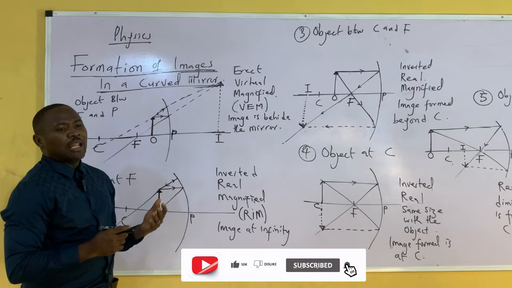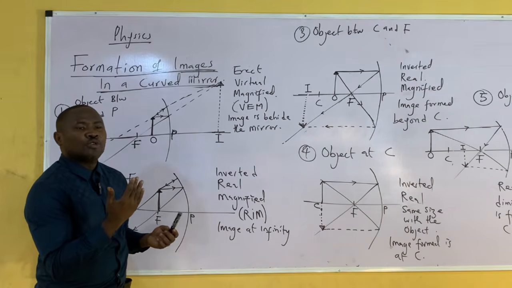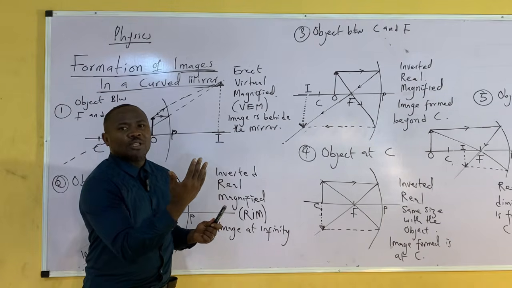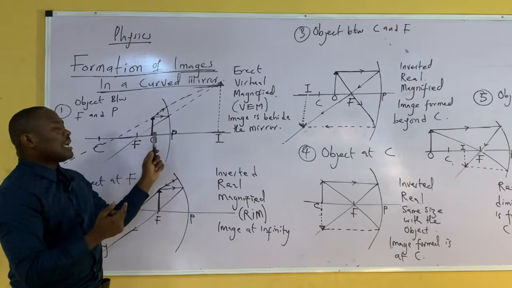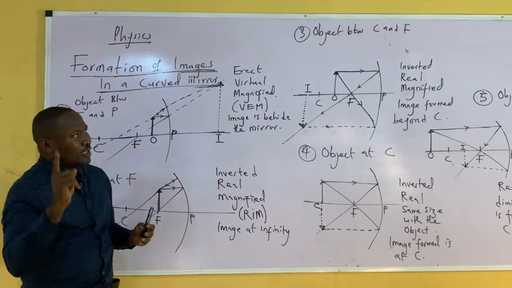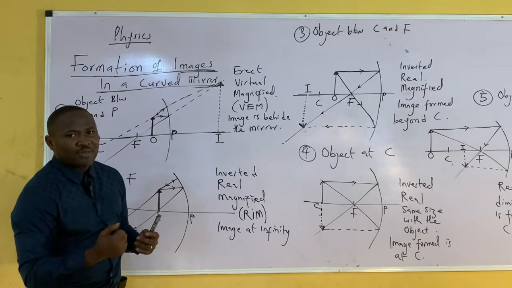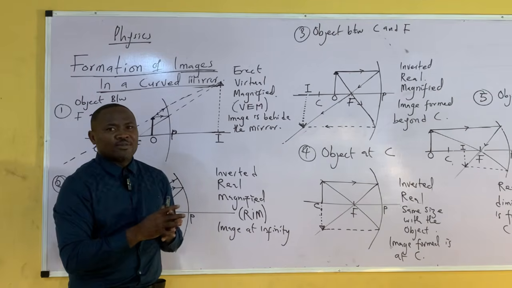So for a question like a man shaving positions his face between the principal focus and the pole of the mirror, what kind of image will the man observe? The man will observe an erect image, a virtual image, and a magnified image.